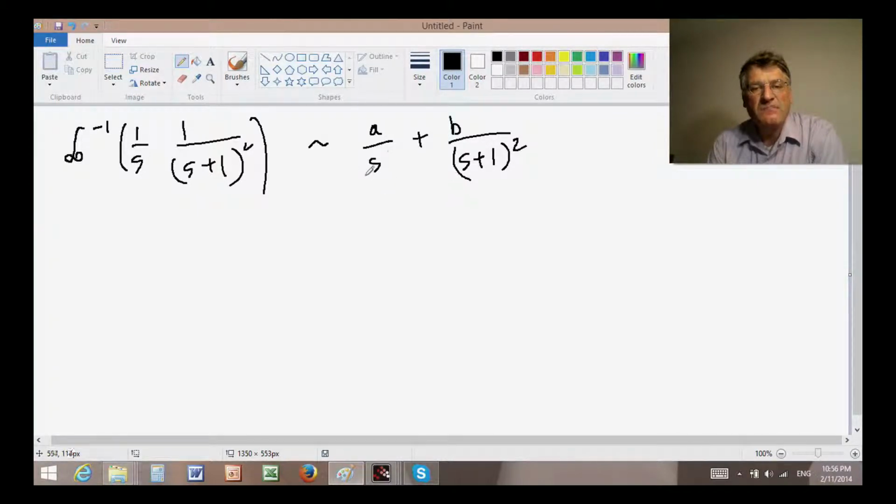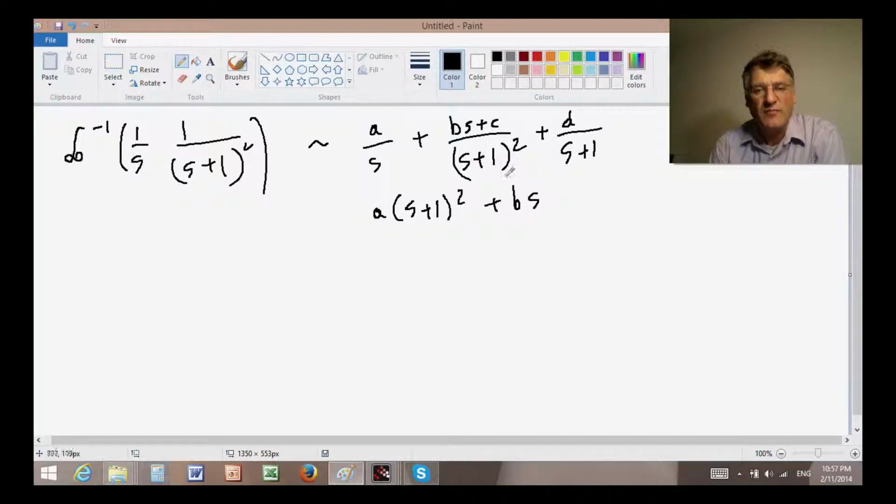Okay, now a over s, so if this is true, then we should have like a times s plus 1 squared plus b times s. We're going to say plus, so we're going to say b times s plus c here plus d over s plus 1. I think this is better.